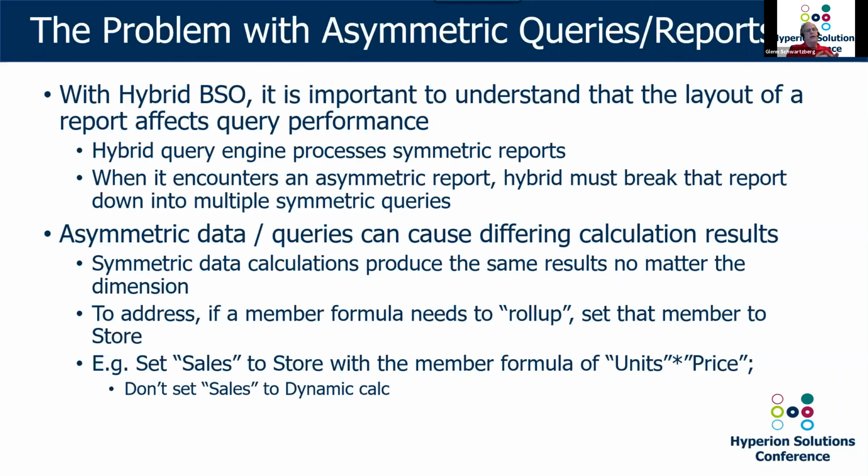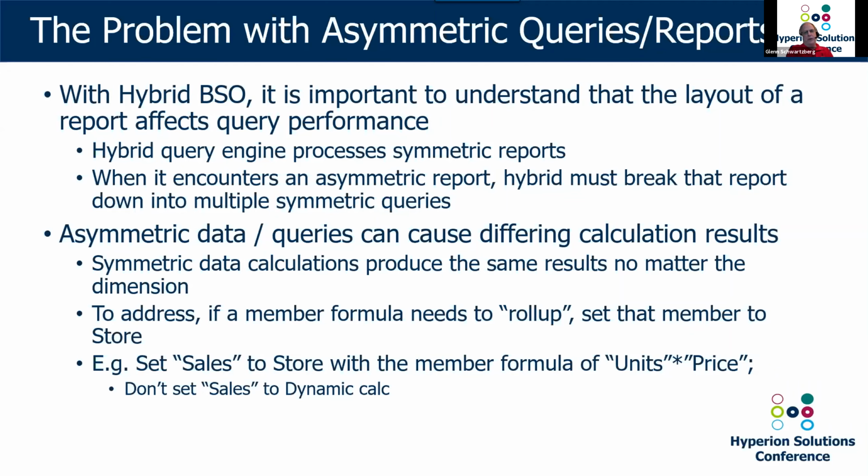The other thing that you might want to do is sometimes set a member to be stored and pre-calculate it in a calc script. And I know that goes against the idea of hybrid, which is more like ASO, but sometimes we want to store the result and then let it roll up.